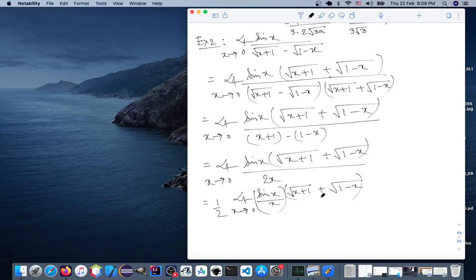After substituting the standard result of sin x by x as 1 and the x as 0 in the remaining term, we get half into 1 into 0 plus 1 plus 1 minus 0.